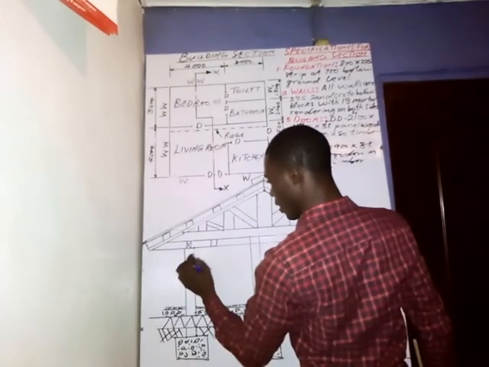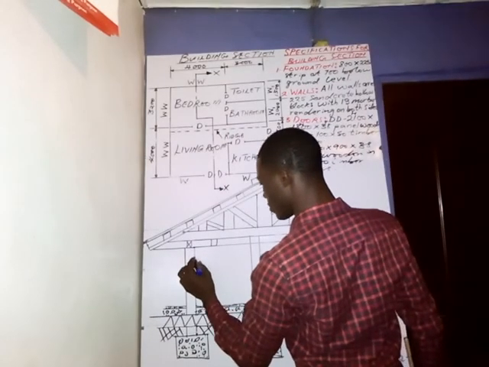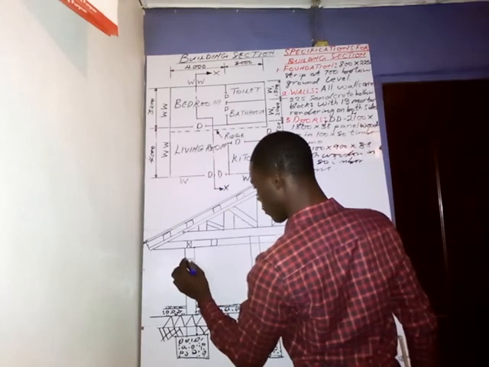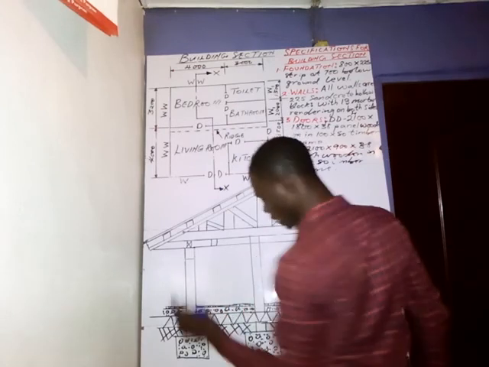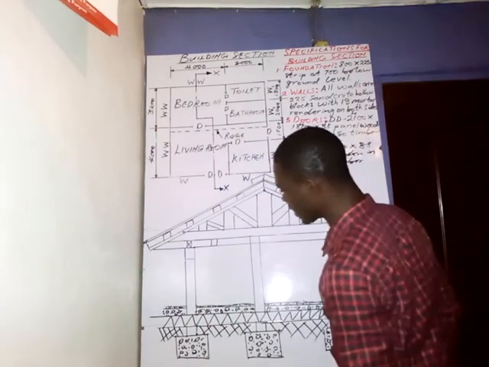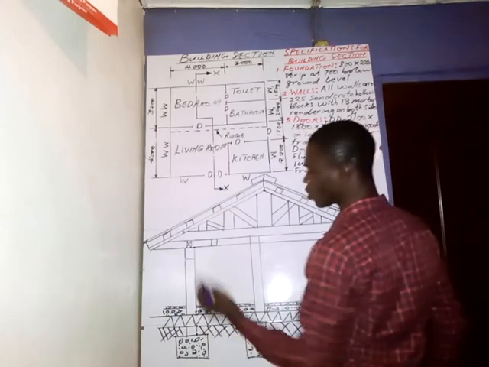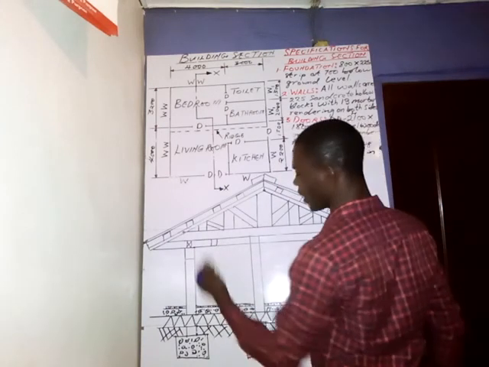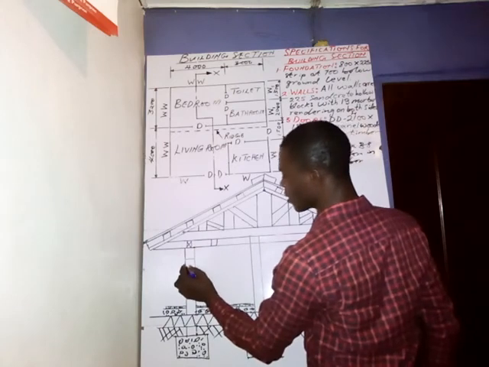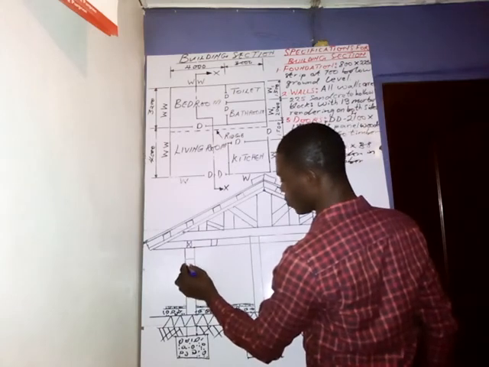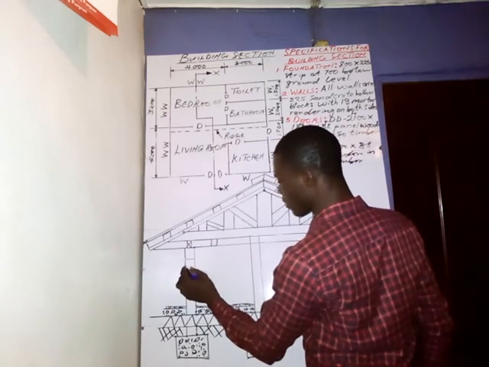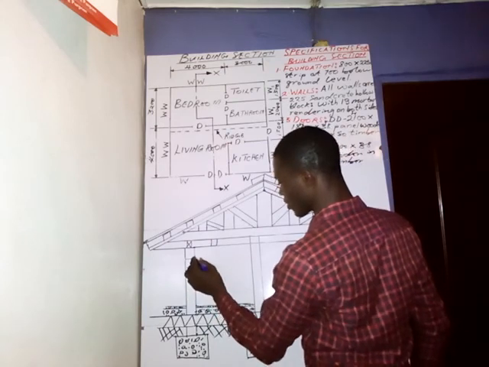Just come down a little bit, and every window has its own lintel. So we have a lintel here. As we have in the specification, the lintel has dimensions of 225 by 225. If you divide 225 by 50, it will give you approximately 5 millimeters. So take 5 millimeters down.